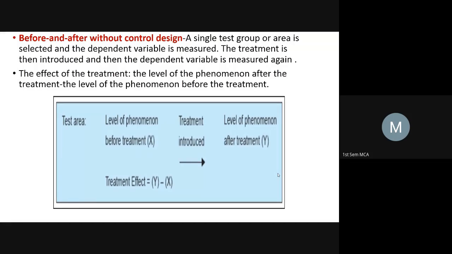The level of phenomena before treatment X, the value of X is, say, test 1. Treatment is the invited talk. Y is test 2. So test 2 marks minus test 1 marks, you can see the improvement. So that is before and after without the control design, the method which I have adopted.